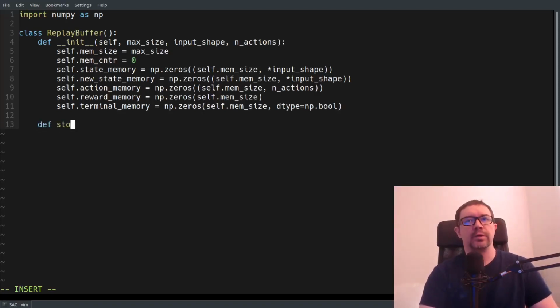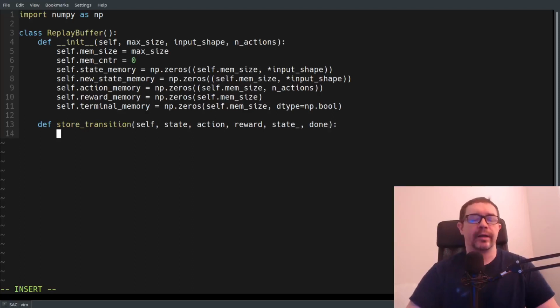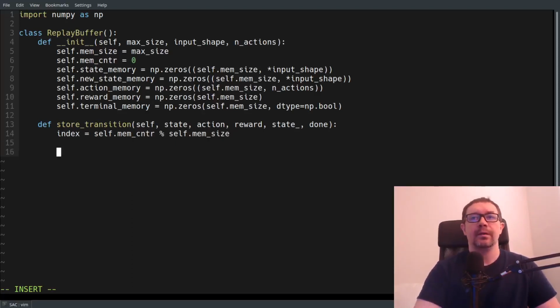Our first function is to store a transition, and that'll take a state, action, reward, new state, and terminal flag as input. The first thing we want to do is figure out where our first available memory is. So we're going to get that index by taking the modulus of the memory counter and the memory size. Evidently, I can't talk and type at the same time.